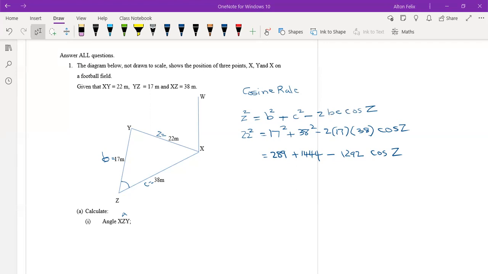Let me just double check that. 2 by 17 by 38. 1292. Okay, so 484.